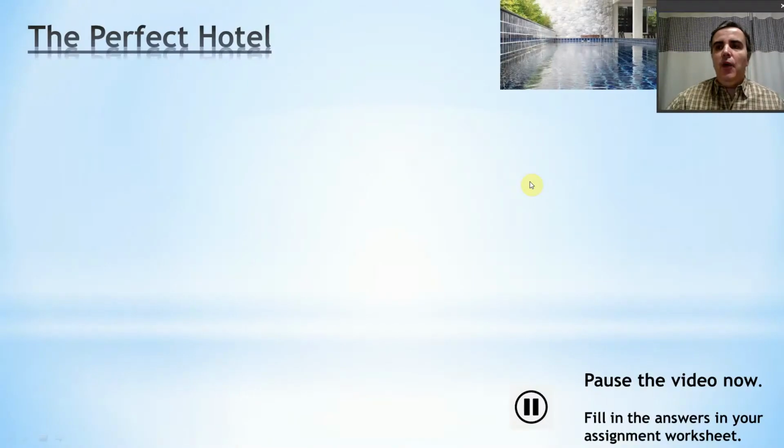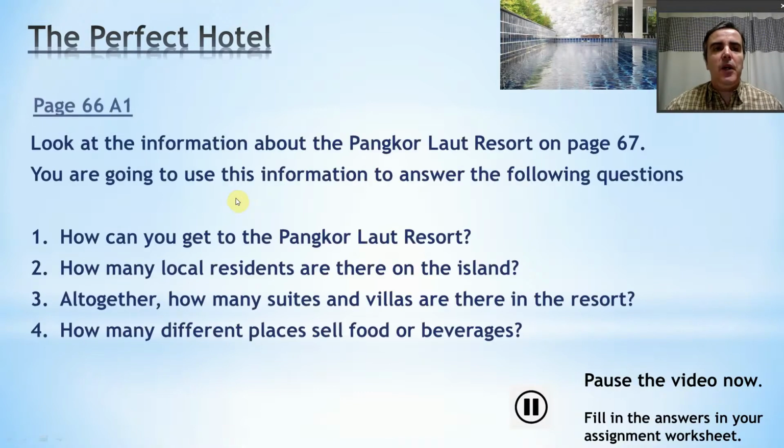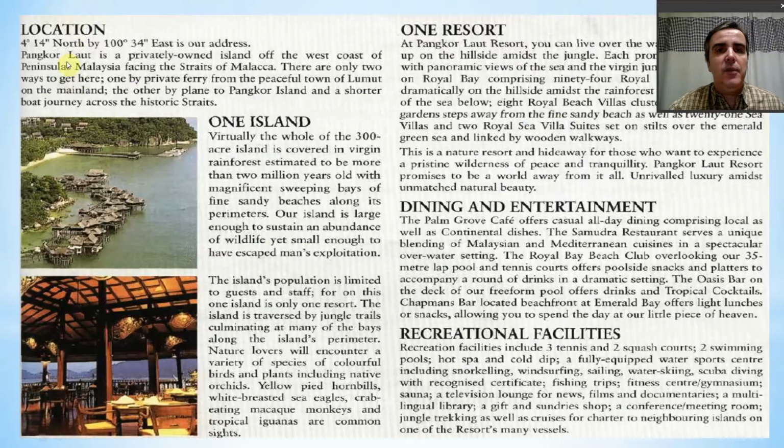So we'll move on to the next part, and we're going to be talking about the perfect hotel. So on page 66, you can see some information about the Pankor Laut Resort. This is a very high class resort hotel. And I've also included the part from the textbook over here.